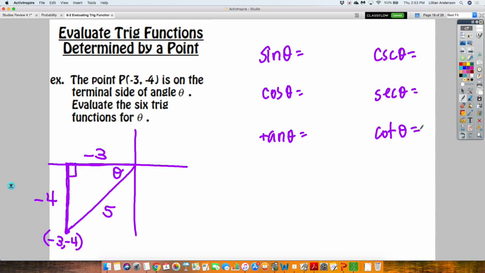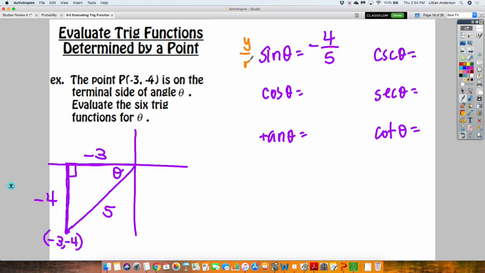What is the sine of theta? Negative 4 over 5. Because remember, sine is y over r. Your y value is negative 4. Your r is 5.